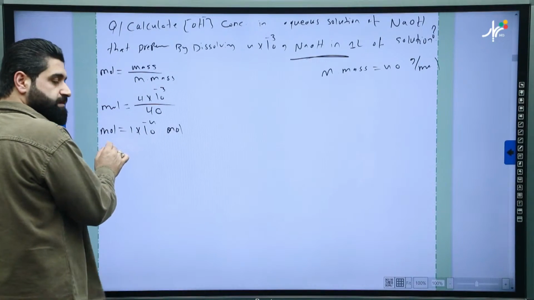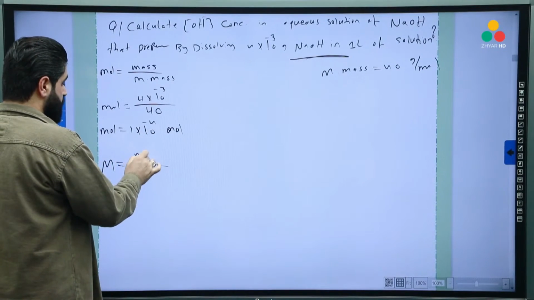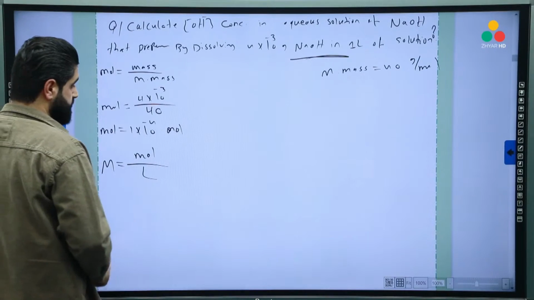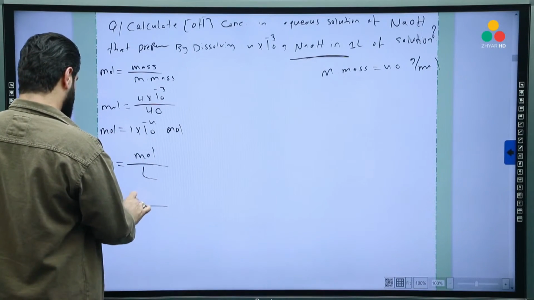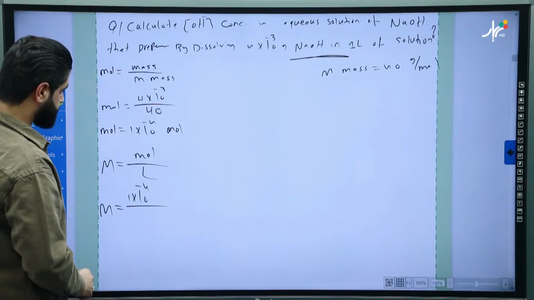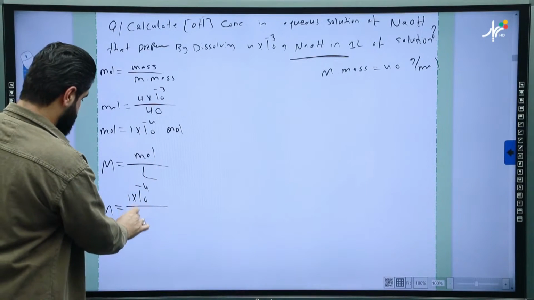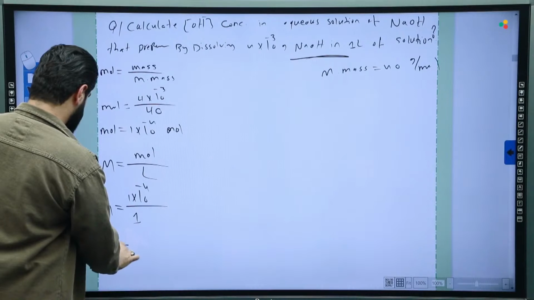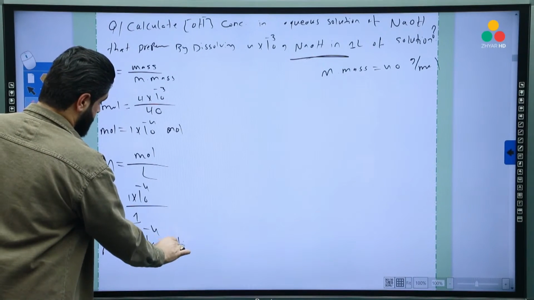Then we have to change the number of moles into molarity. Molarity equals moles per liter. Moles is 1 times 10 to the negative 4, and the volume is 1 liter, so molarity equals 1 times 10 to the negative 4 molar.